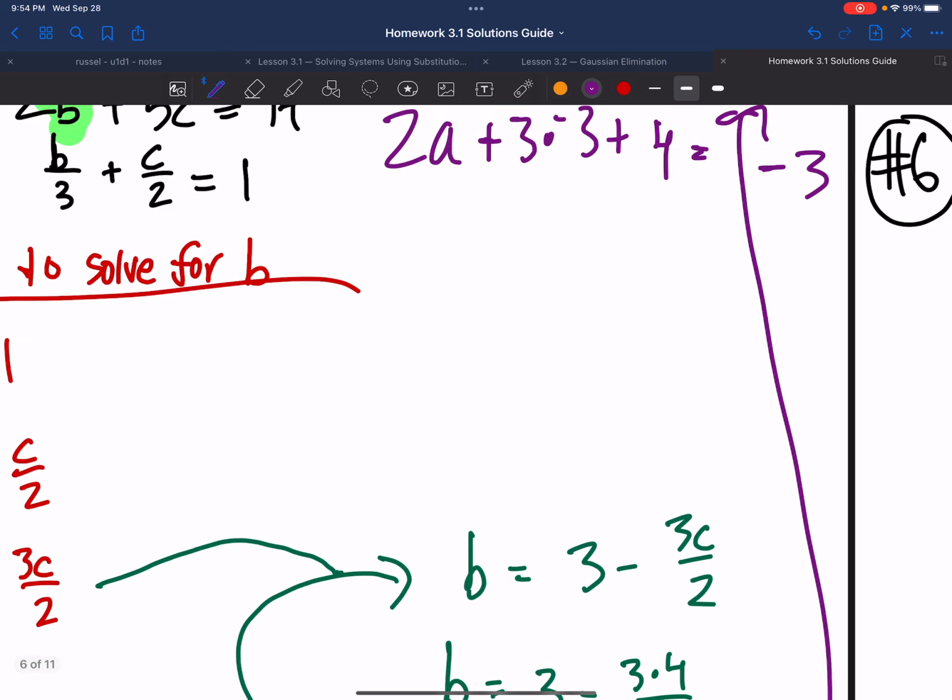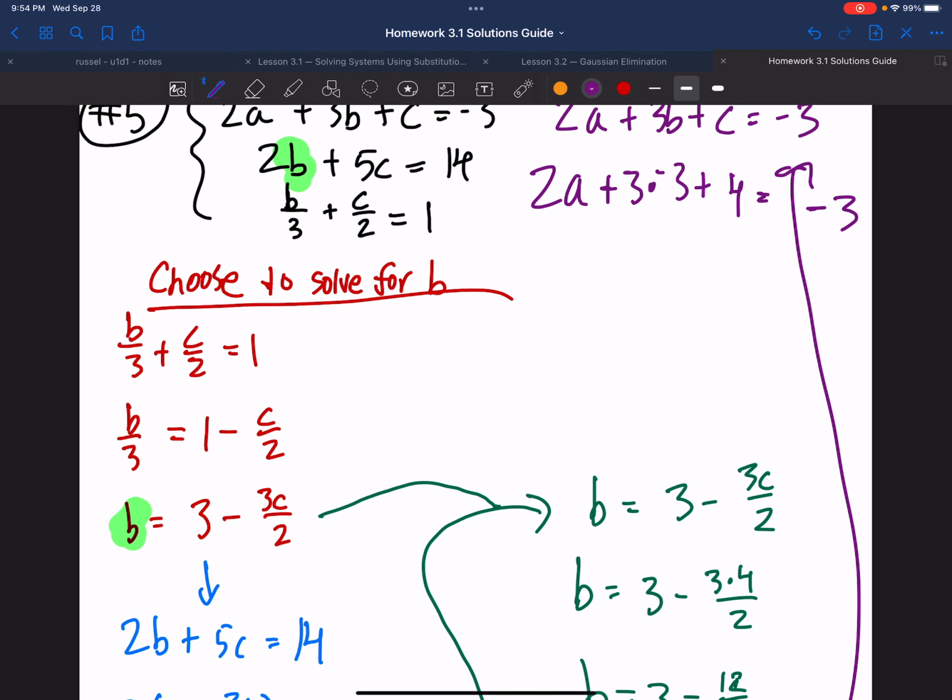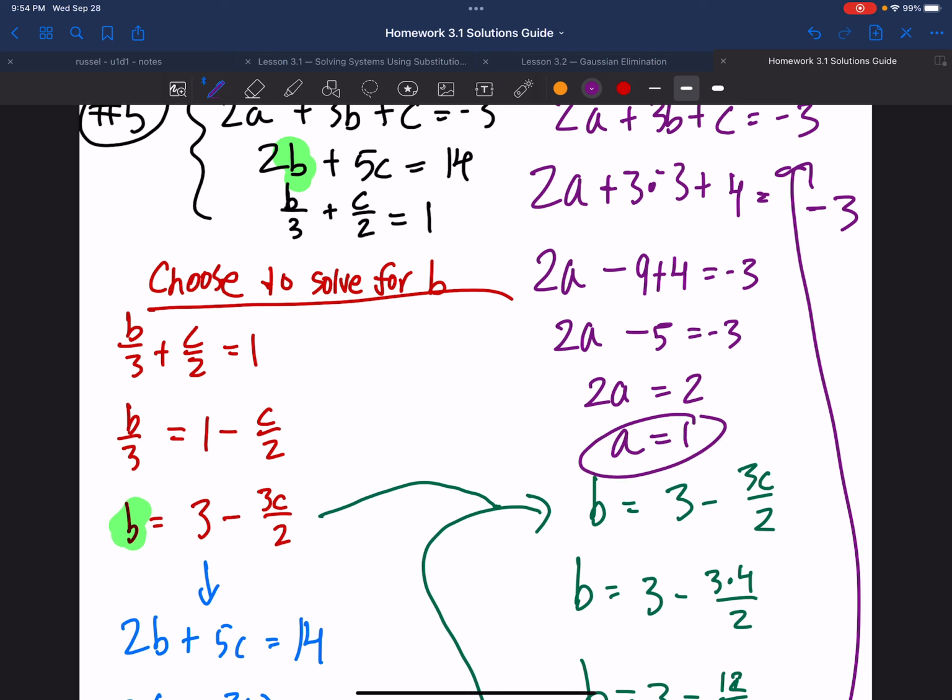Okay? So this is 2A minus 9 plus 4 equals negative 3. There's 2A minus 5 equals negative 3. Add 5 to the other side, so 2A equals 2. Therefore, A equals 1. Okay? So my answers are A equals 1, B equals negative 3, and C equals 4.